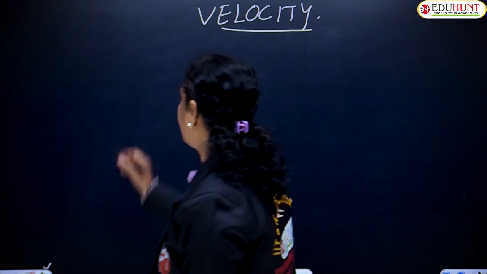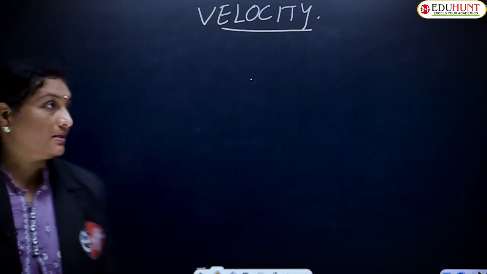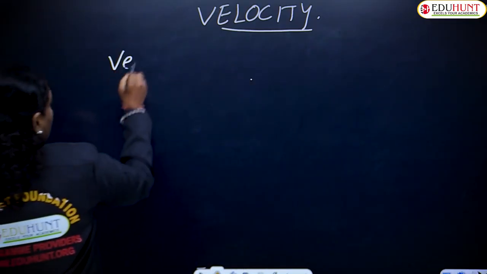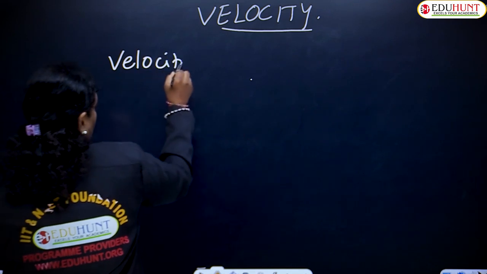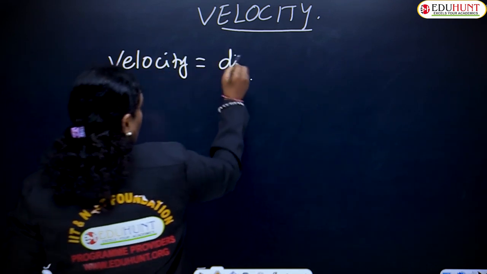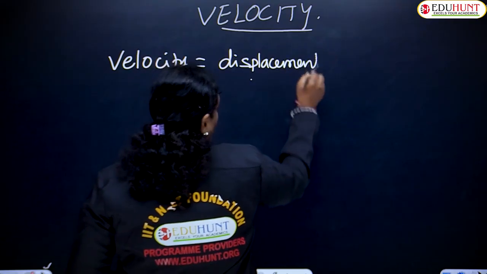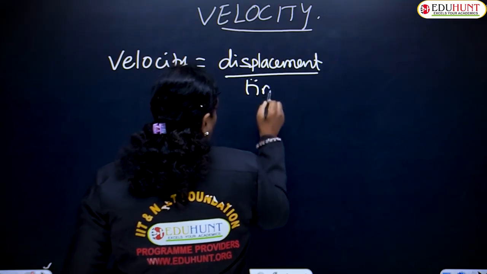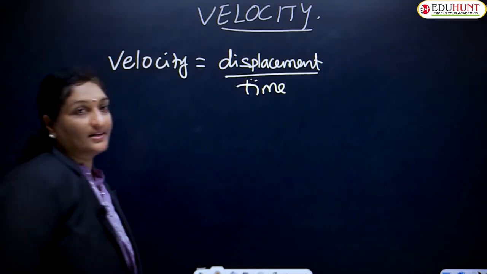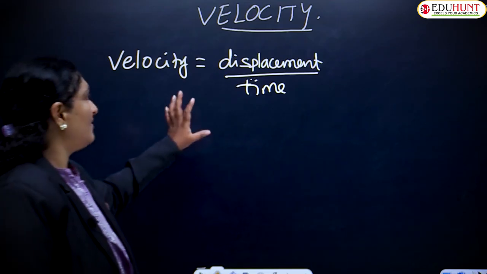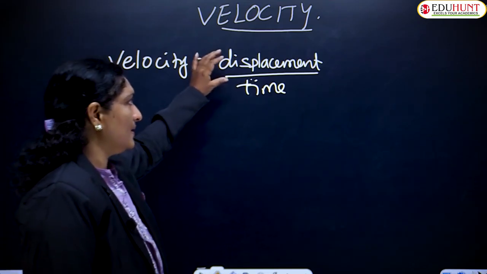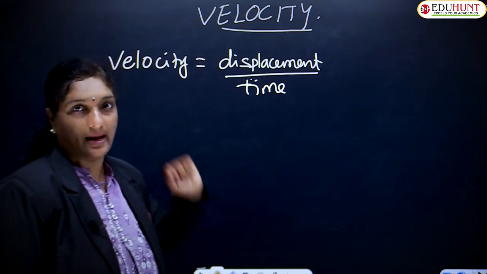Hence, mathematically, velocity can be written as displacement upon time. So the mathematical form of velocity is displacement per unit time.